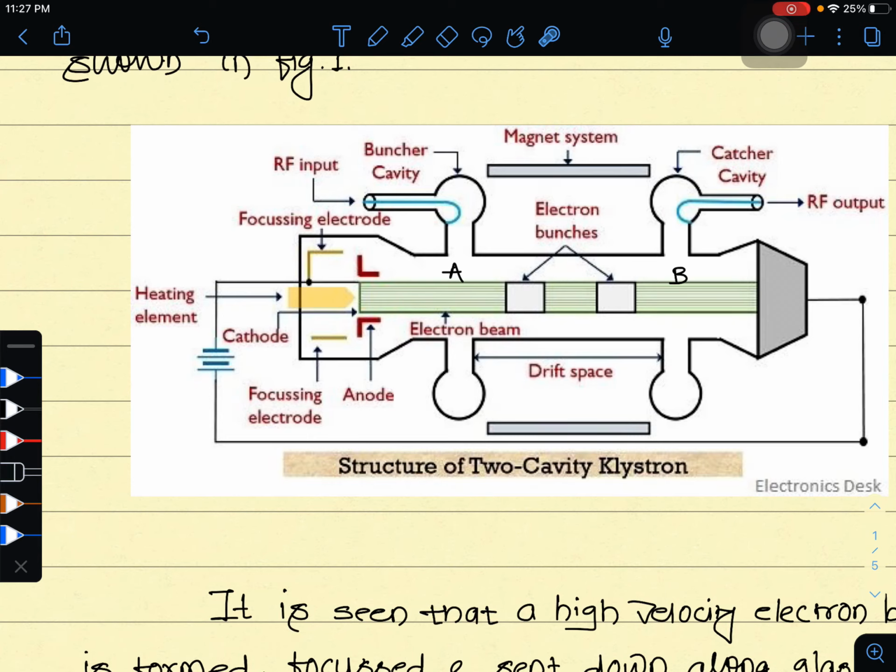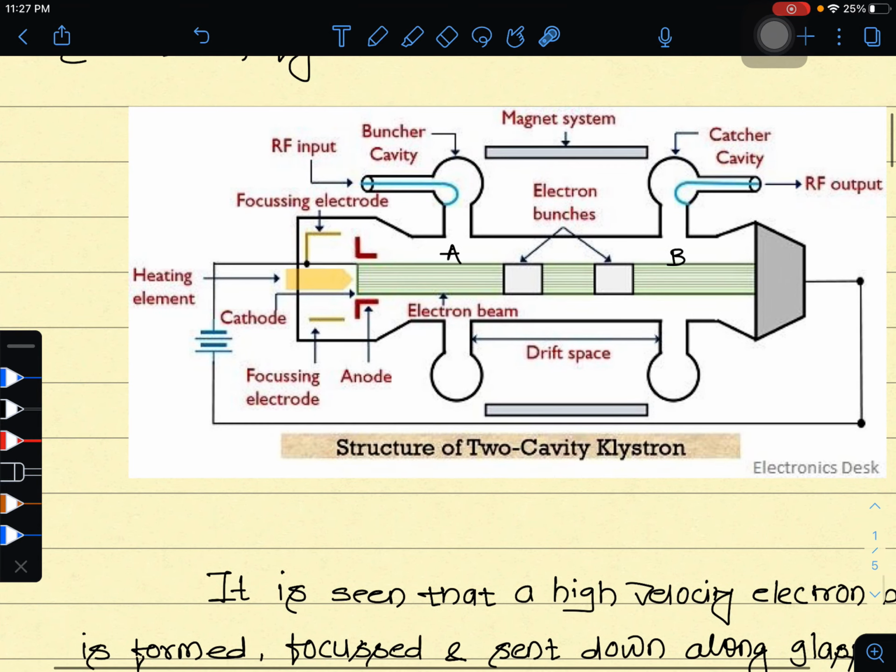The voltage at the time the electrons pass this gap. That means when the electrons are passing through that gap, the voltage determines the extent of the effect on those electrons.